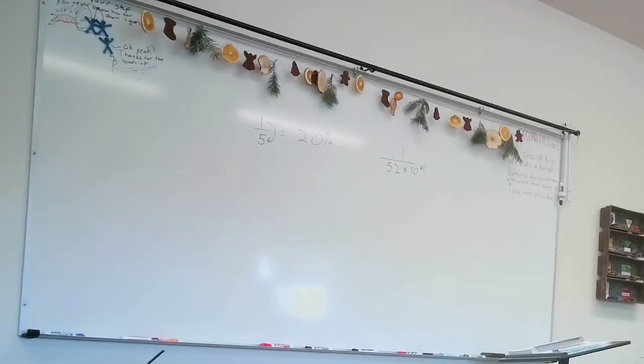We go 5.2 times 10 to the 61st. Oh, hang on. I need to clear it. There we go. 1 divided by 6.2 times 5.2 times 10 to the 61st equals.